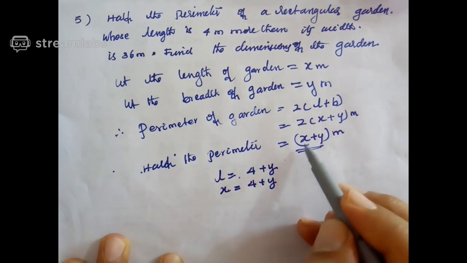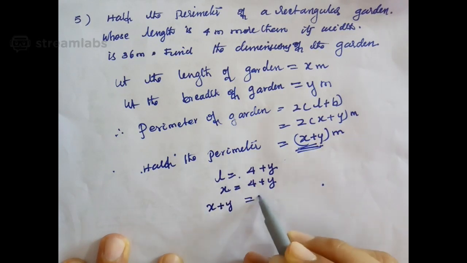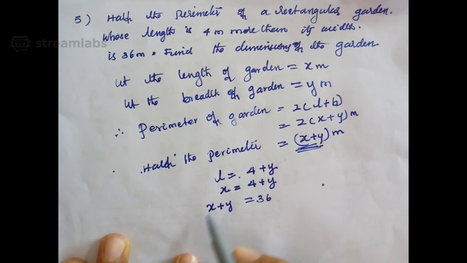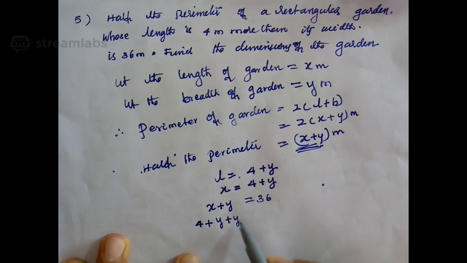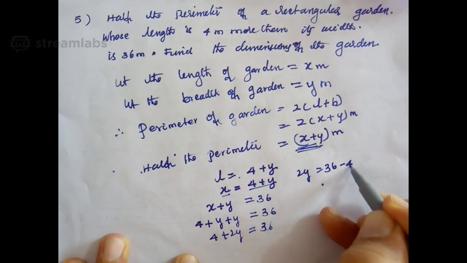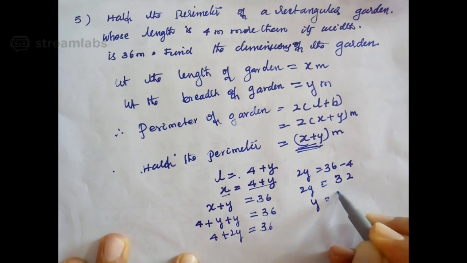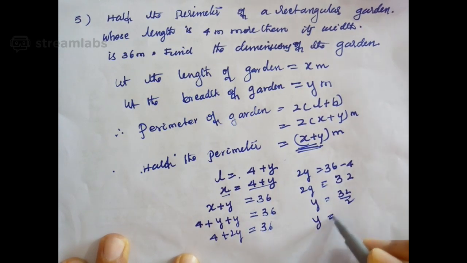Then what is the half the perimeter? Half the perimeter, x plus y is 36. And what is x? That is 4 plus y plus y is 36, because x is 4 plus y, that is 4 plus 2y is 36, that is 2y is 36 minus 4, 2y is how much? 32. So y is 32 by 2, and y is how much? 16 meter.